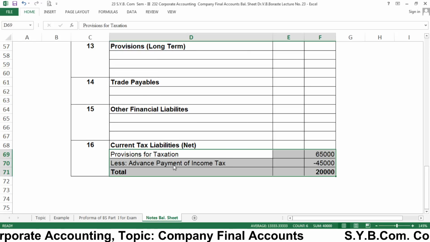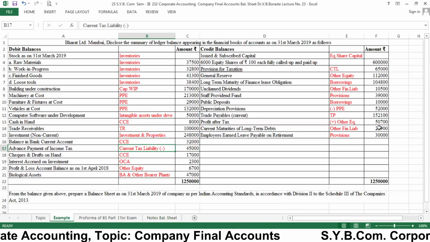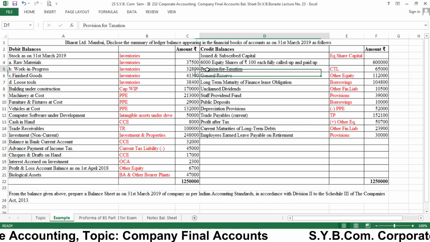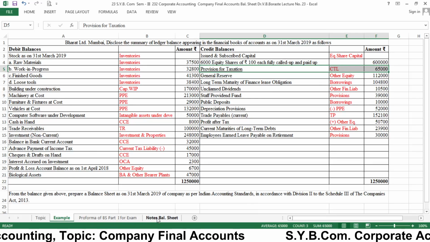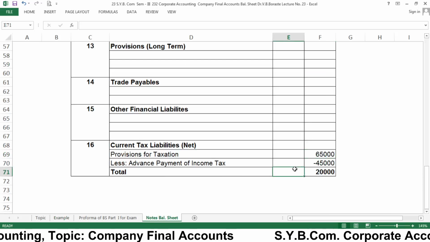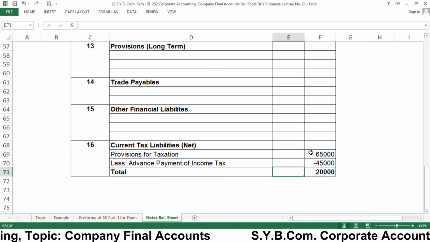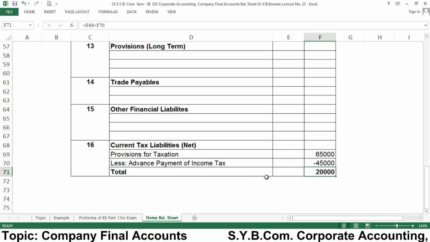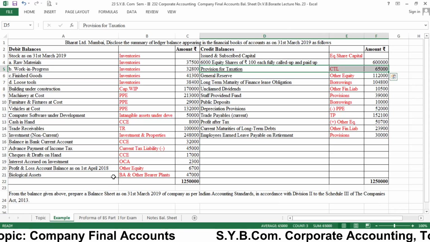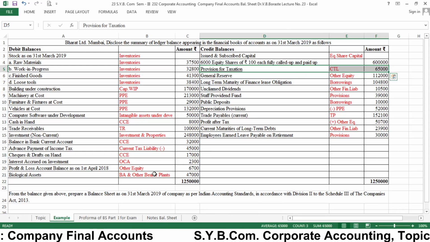Here you can see the provision for taxation, 65,000, on the credit side, and the advance payment of tax is rupees 45,000, so it has to be deducted. Our tax liability was 65,000. We have already paid 45,000. Still we have to pay the balance of tax, that is 20,000. This is the difference between actual provision and actual payment.